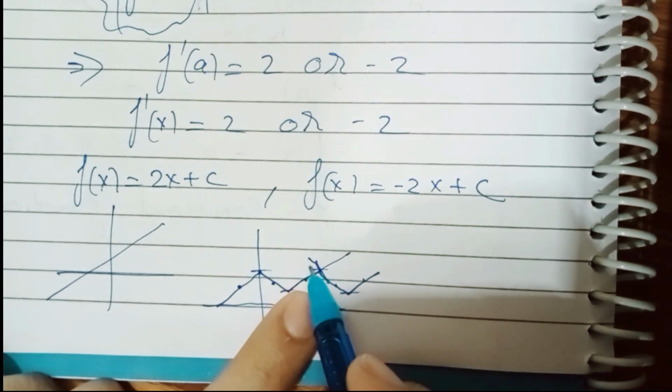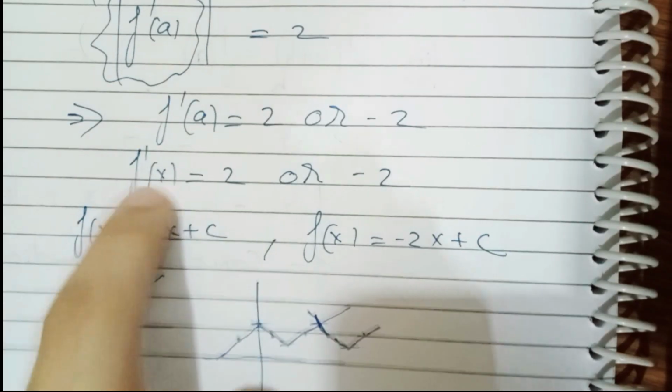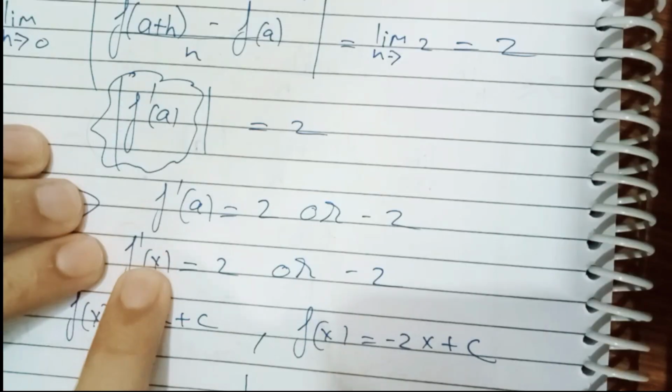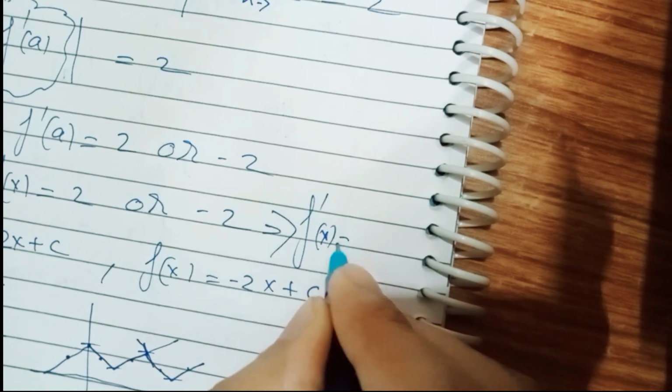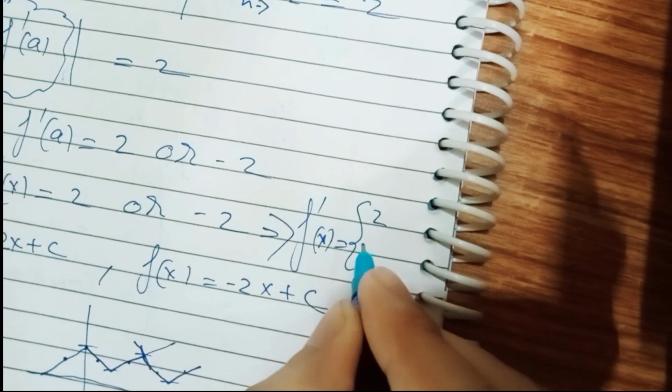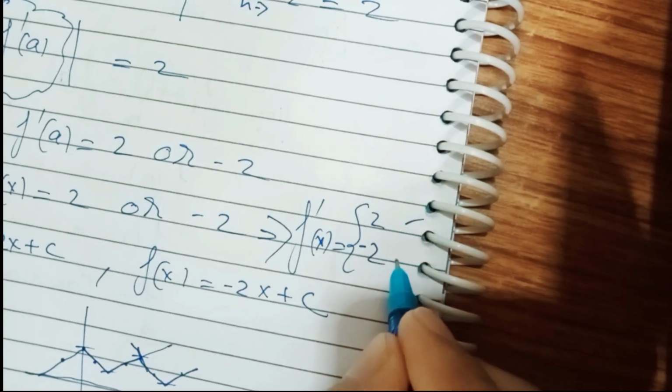So there's ambiguity what the derivative is. So through this much calculation, what we've got is that we can deduce that f dash x is equal to 2 or -2: 2 for some values of x and -2 for some values of x. That's what we have got.